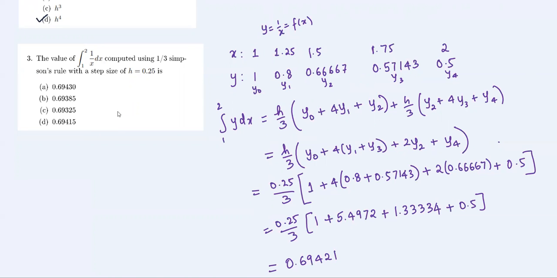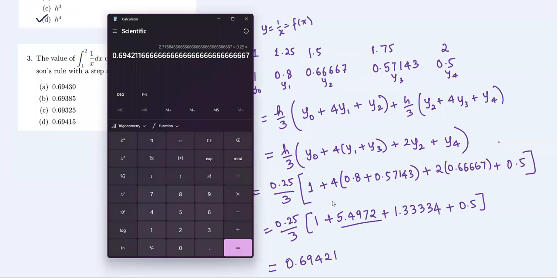Sir, in the last step, one place, 5.48572. 1 plus 5.48572, this one. Yes. Let me check. 0.8 plus 0.57143 multiplied by 4.